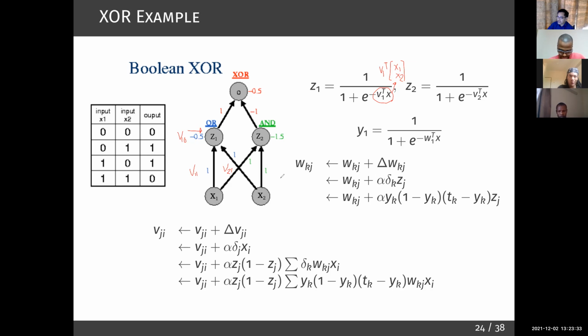I think they initialize everything to 1. So the weight here is 1, and the weight here is also 1, and that's a 1. Then that's how we got V2. That means V2 transpose multiplied by X1 and X2.